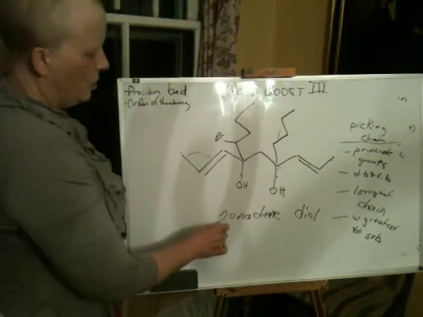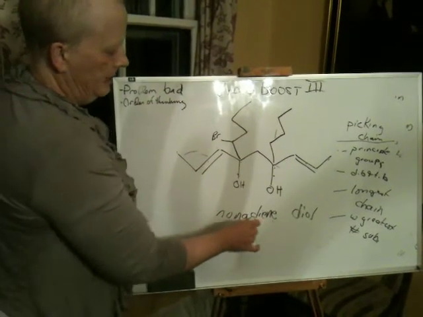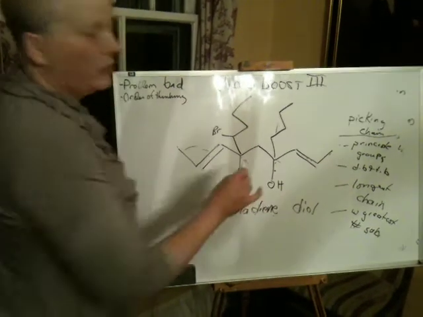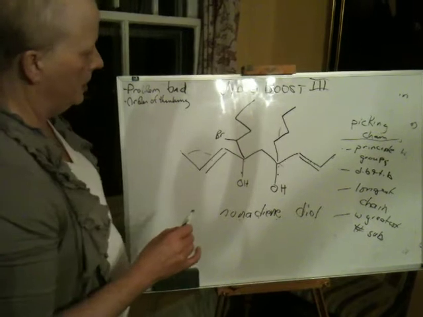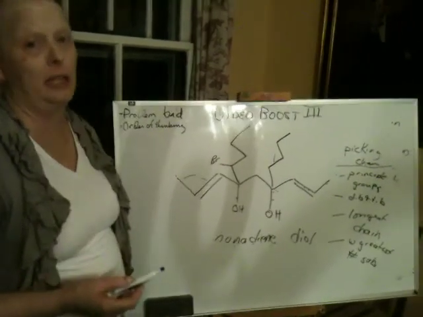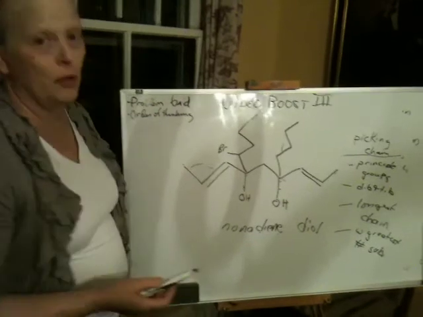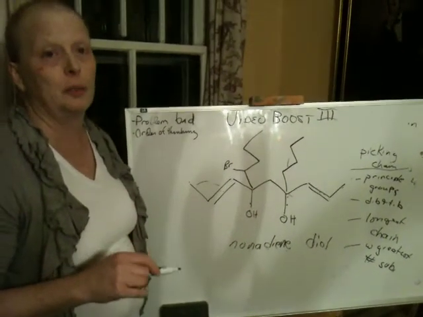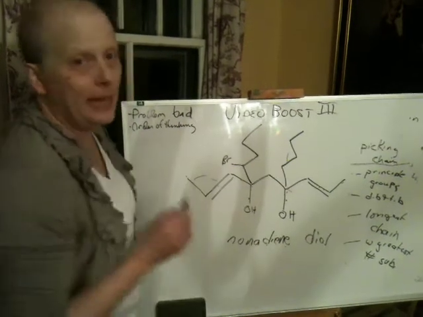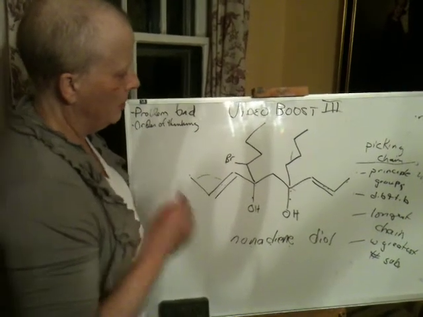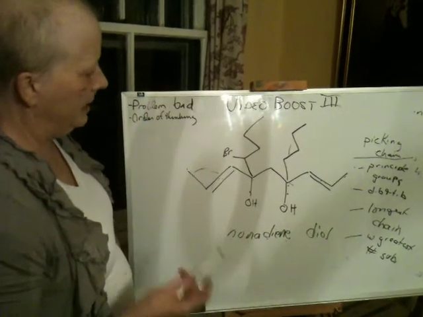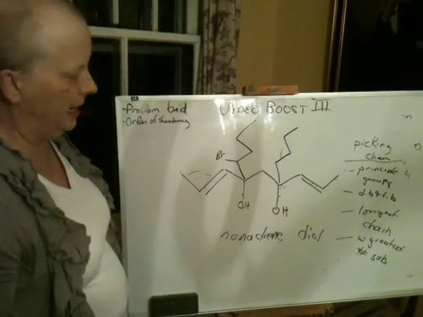Now, nona, diene, the diene refers to the 2 double bonds, diol refers to the 2 alcohol groups. Now, as you will recollect, in 1979 nomenclature, you put the numbers for the first functional groups occurring in the name ahead of the name. So the numbers for the diene have to be first, and then the numbers for the alcohol second, all right? Now, I have picked the principal chain.